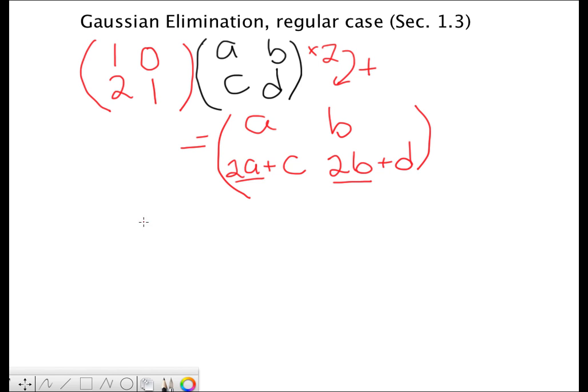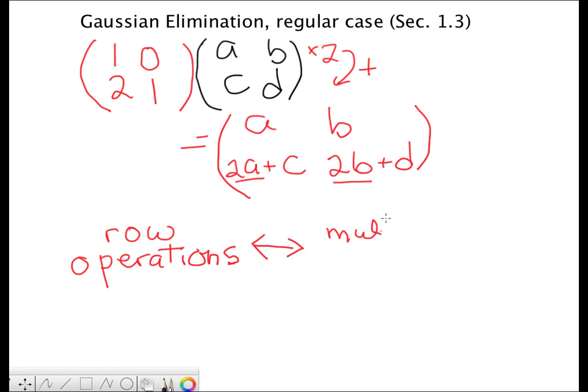So this is the first big point of Gaussian elimination. The fact is that doing these row operations which we've been doing, adding a multiple of one row to a second, corresponds in terms of matrices to multiplying matrices on the left.